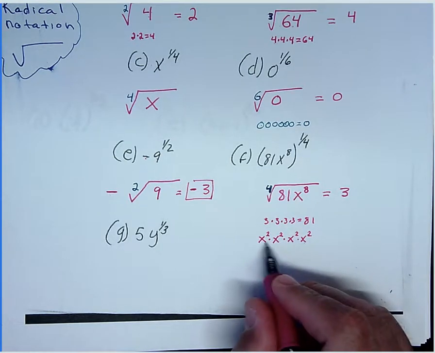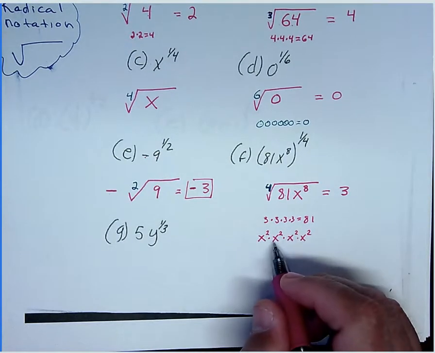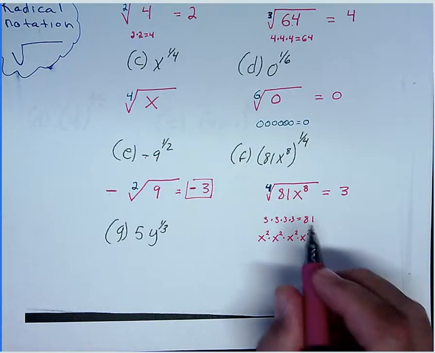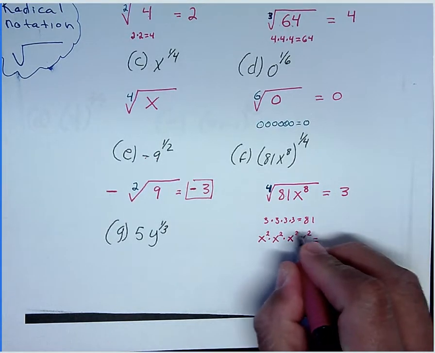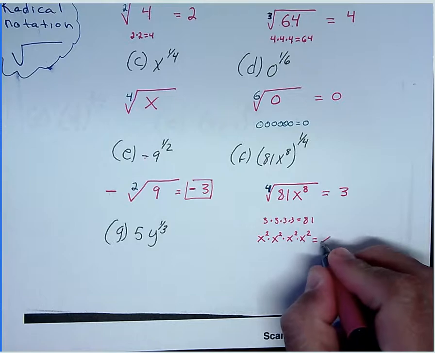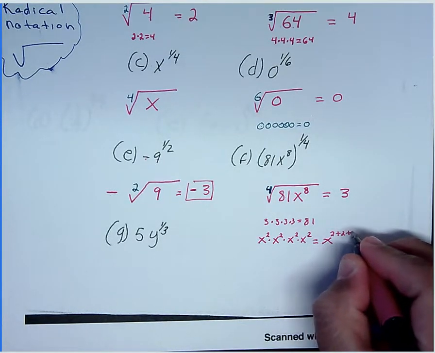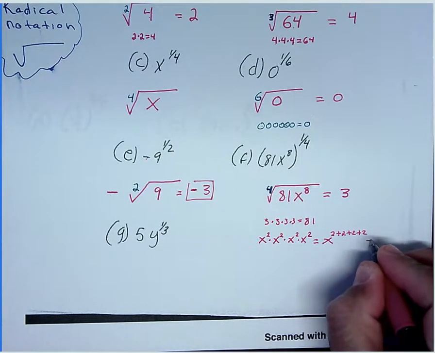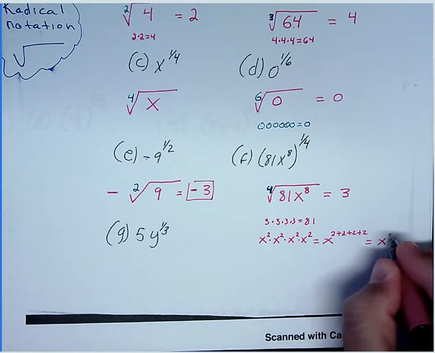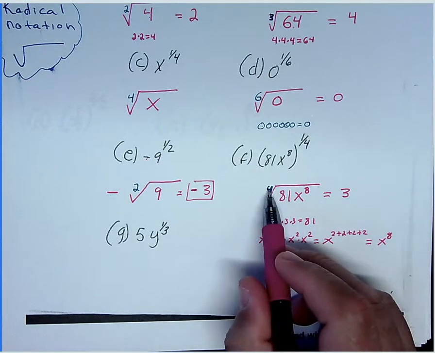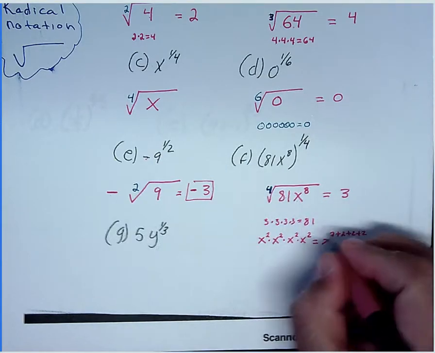So what happens when you're multiplying this? This is the product rule. So you're basically adding all the exponents. They have the same base, and you can add all of their exponents. 2 plus 2 plus 2 plus 2 gives you x to the 8th. So what's the 4th root of x to the 8? It's x squared.